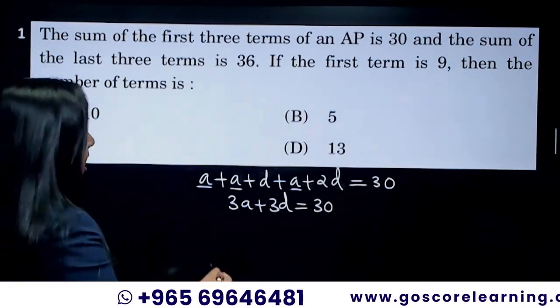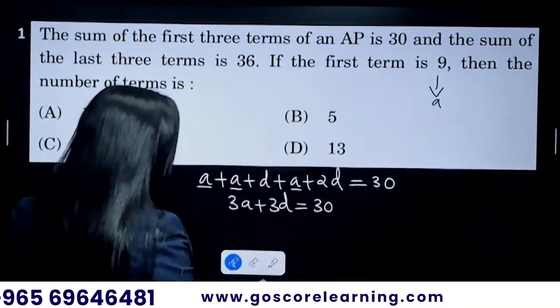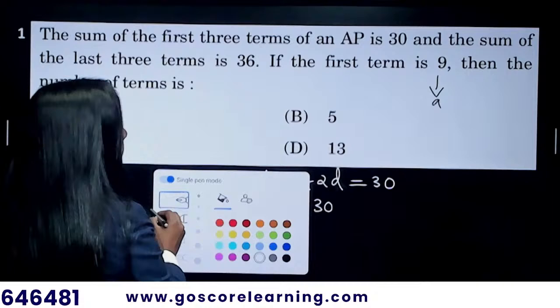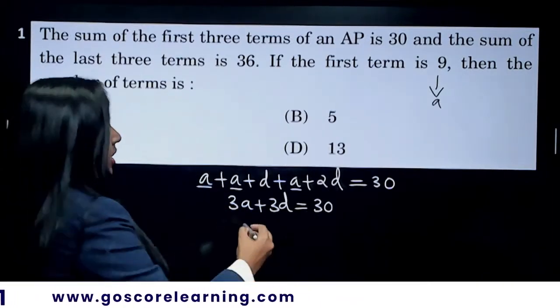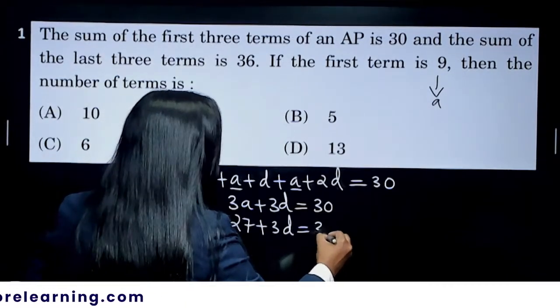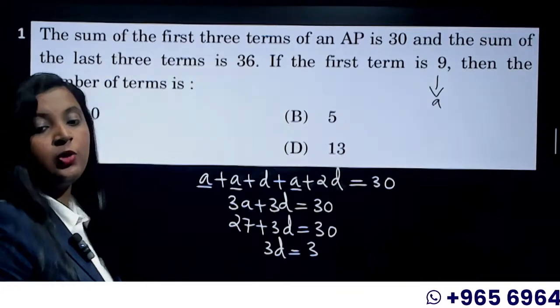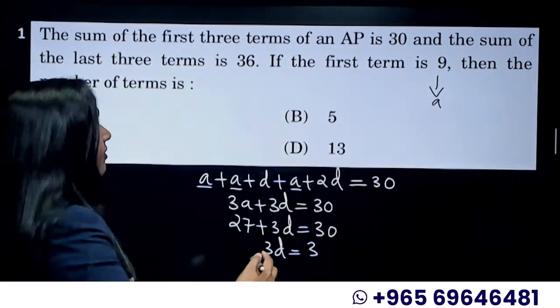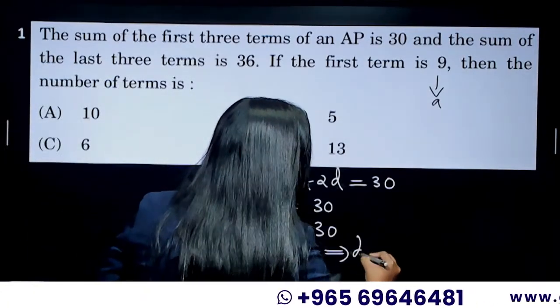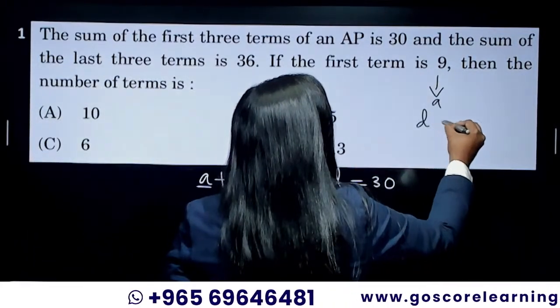The first term is 9, so A is 9. Since A is 9, we can substitute: 3 into 9, so 27 plus 3D is equal to 30. So 3D is 30 minus 27, which is equal to 3. So what will be the value of D? D is equal to 1. So A was already given to us and we got the value of D.